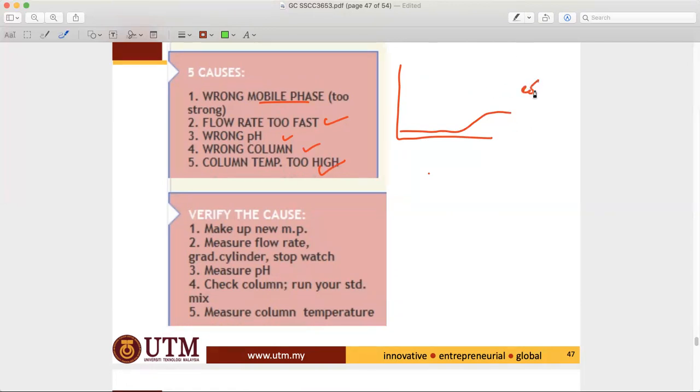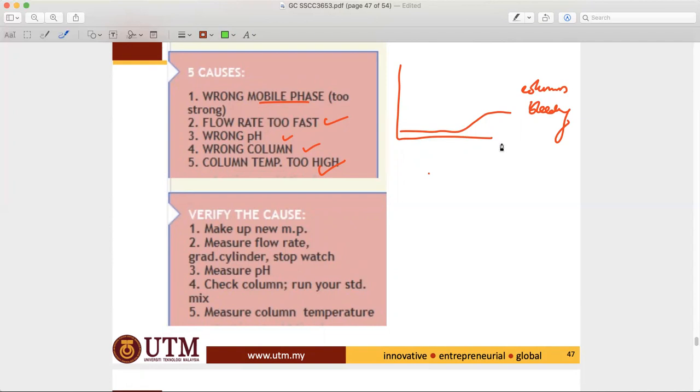What it means by column bleeding is that towards the end of your analysis, towards the end of your column conditioning, your stationary phase has already started to elute itself from the column.